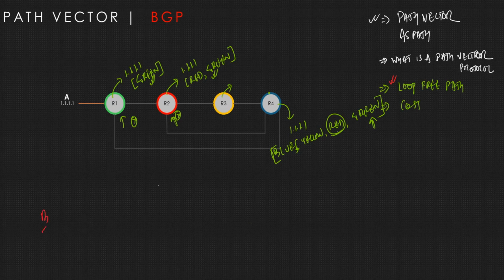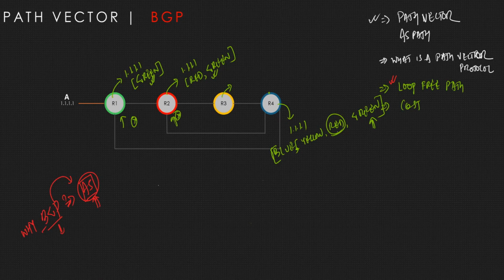Now, when we talk about BGP, it treats its own autonomous system as a single point for any given destination, right? For example, when we discussed why BGP, we discussed that as per BGP, an autonomous system is a single entity, a single box.